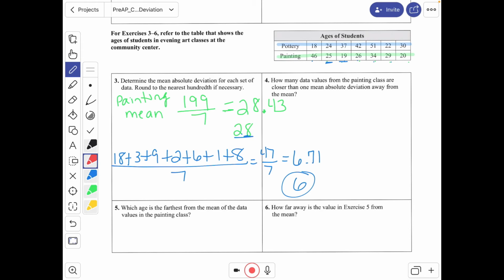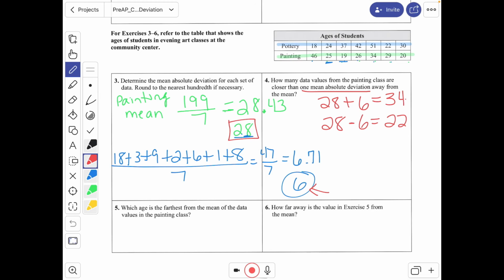Number 4 says, how many data values from the painting class are closer than 1 mean absolute deviation? This is my 1 mean absolute deviation. So we want to take the mean, which was 28, and add the MAD, which was 6, and also subtract the MAD. So 28 plus 6 makes 34, and 28 minus 6 makes 22.